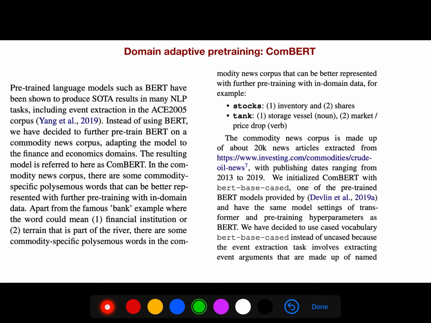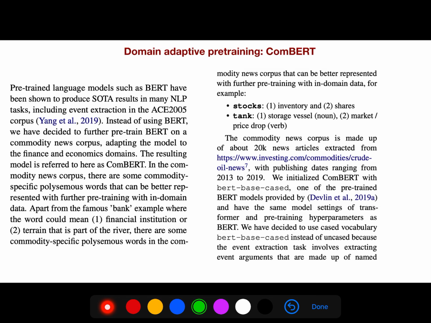So apart from the famous bank example where the word could mean financial institution or terrain, this part of the river, there are some commodity-specific polysemous words in the commodity news corpus that can be better represented with further pre-training with in-domain data.